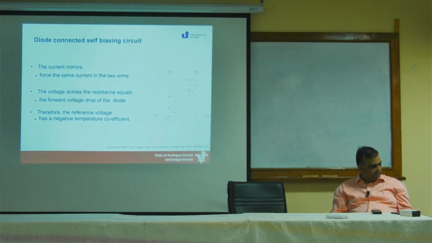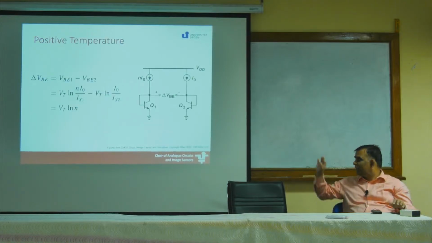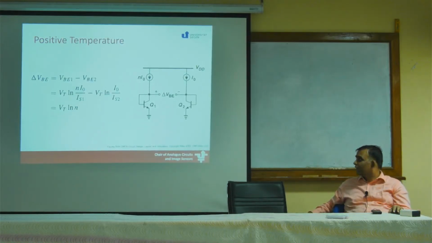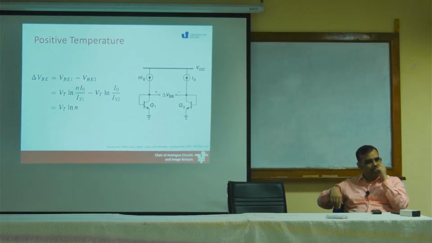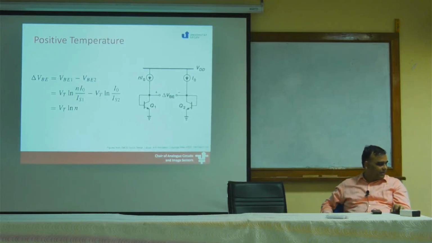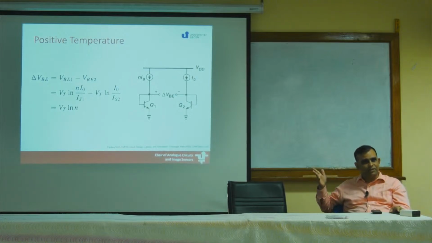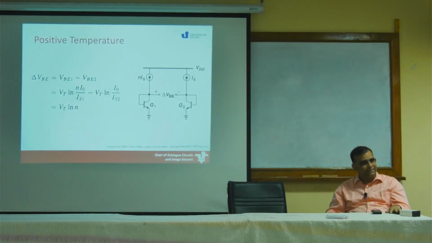Follow in this circuit, ignore the circuit for the time being. If I have one base emitter voltage which has n different gates in parallel, I will get a relationship Vt times log of n times I naught. Remember, I naught is being n times. The other will be just Vt log of I naught.